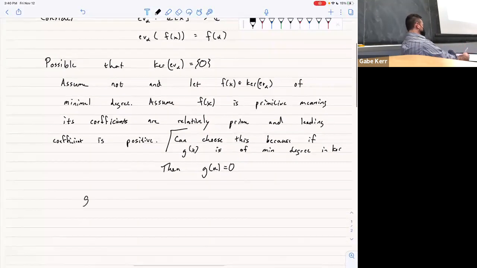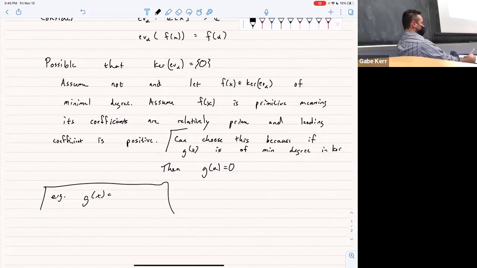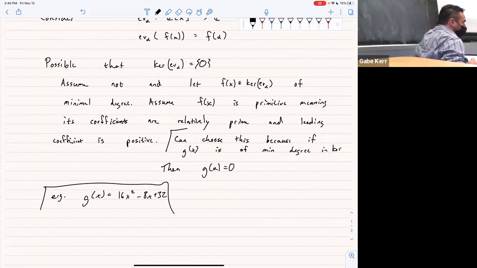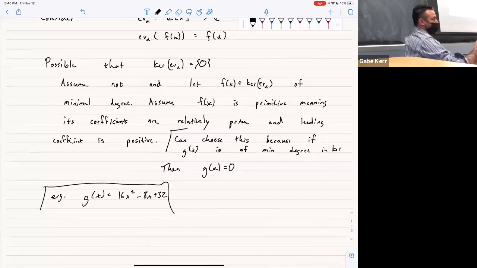For example, don't write this on your homework, say g is 16x squared minus 8x plus 32, and I know when I put alpha in, I get 0. You can just divide everything by 8, and it's still in the kernel. So you divide by the greatest common divisor of everything, and g of alpha will still be 0.